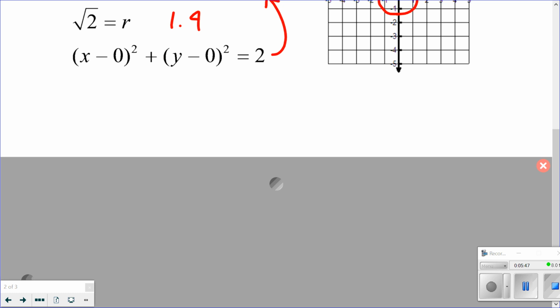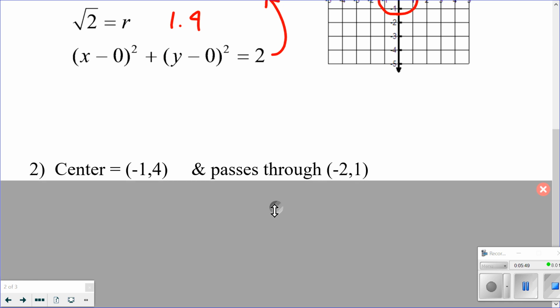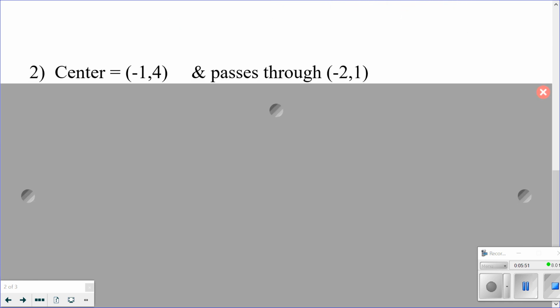All right, what happens when it is not centered at the origin? Well, it's the exact same thing. We know h, we know k, we know x, we know y. So the first thing we need to do is to solve for our r value.